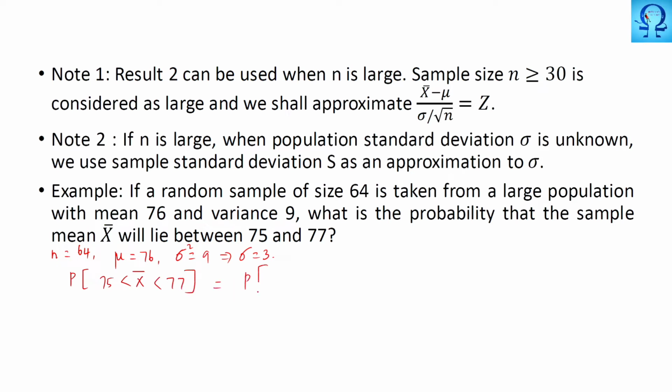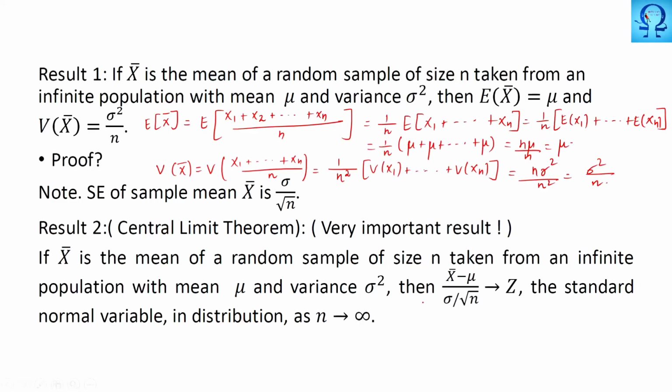It is the same as the probability that (75 minus mu) upon (sigma upon under root n) is less than (x bar minus mu) upon (sigma upon under root n), which is less than (77 minus mu) upon (sigma upon under root n). Why are we doing it?